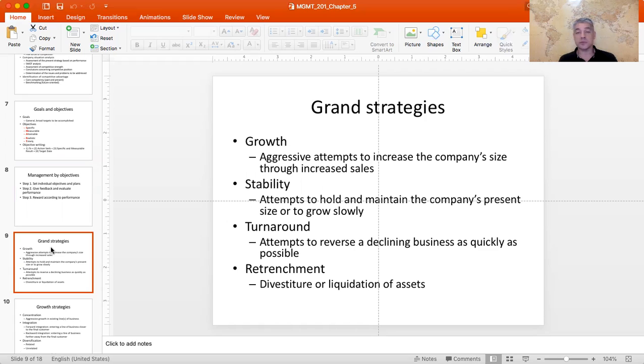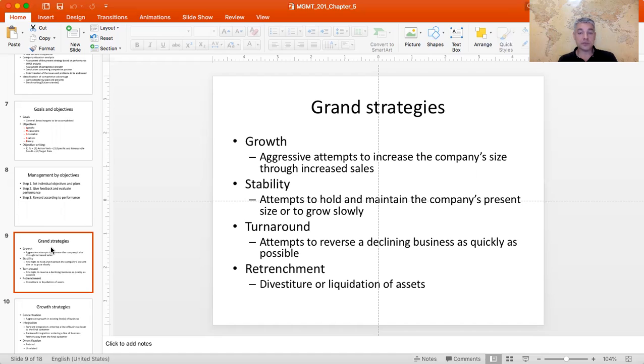We may distinguish between corporate level, business level, and functional strategies. There's also an approach known as grand strategies, based on the overall program, overall plan you have for the company. And here we distinguish between four possible grand strategies: growth, stability, turnaround, and retrenchment.